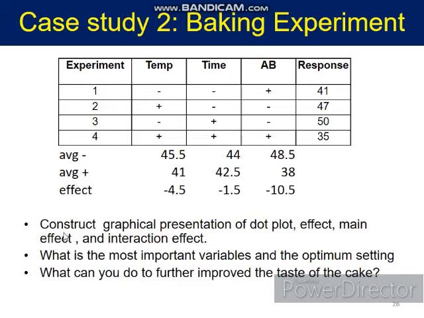What you need to do is construct graphical presentations of the dot plot, main effect, and also interaction effect. And then you have to answer this question: what are the most important variables and the optimum setting? What can you do to further improve the taste of the cake?